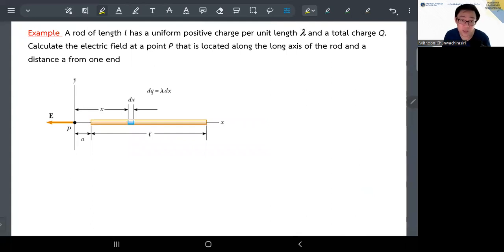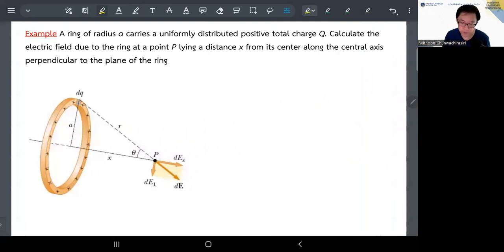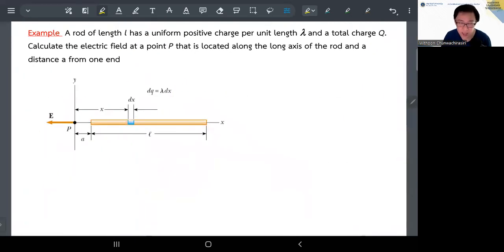Or maybe it's a charge on a rod, and a ring of charge, and an arc, right? You have a bent plastic rod that bends in a portion of a circle, a circular arc, and then you want to calculate the electric field at the center. All right, I think these are already good exercises. Okay, let's start from the first one.